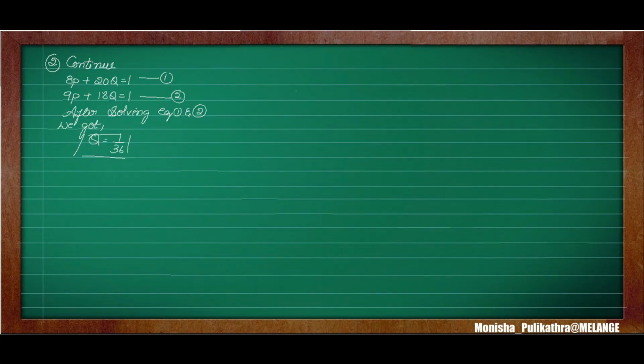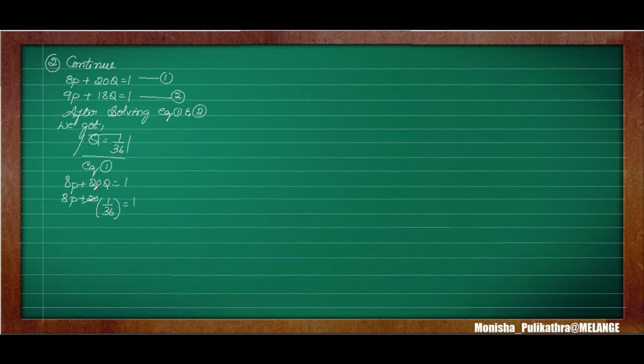So this is the second question continuation. Here the first equation is 8p plus 20q is equal to 1, and the second equation is 9p plus 18q is equal to 1. After solving equations 1 and 2, we got q is equal to 1 by 36, which we have to substitute in equation 1 or 2 to find the value of p. I will take equation 1: 8p plus 20 into 1 by 36 is equal to 1.